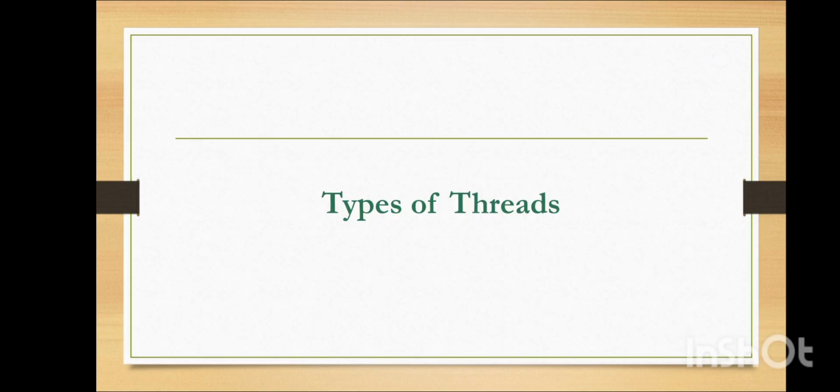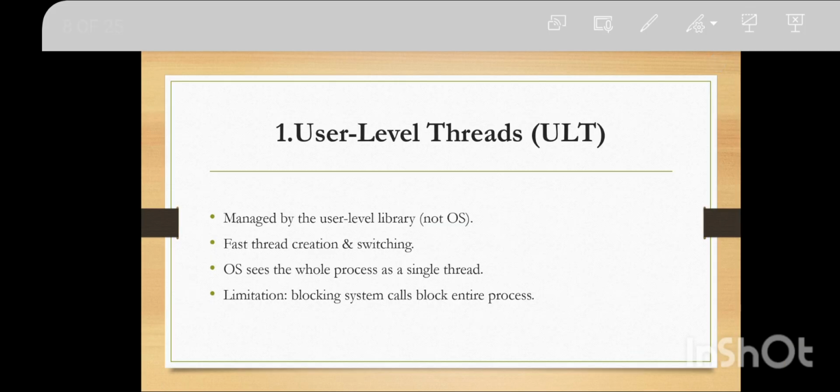Types of threads. There are three major types of threads. One, user level threads, two, kernel level threads and three, hybrid threads. User level threads are managed in user space, fast to create and switch, but if one thread blocks, the whole process gets blocked.